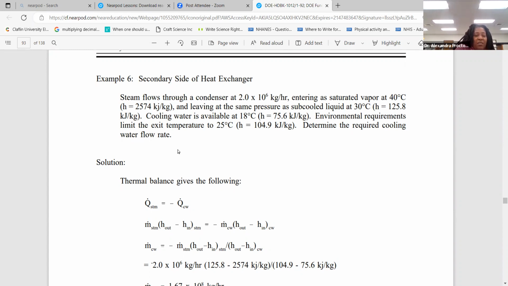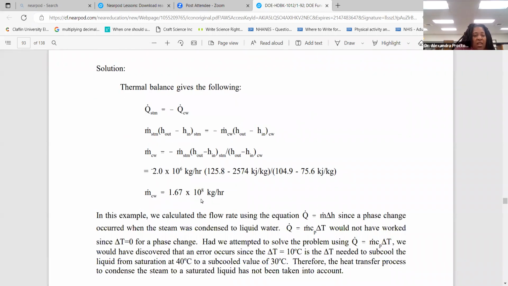Determine the required cooling water flow rate. And so thermal balance gives us the following equation: Q sub STM is equal to negative Q sub CW, where M STM times H out minus H in for STM is equal to M CW times H out minus H in for CW.